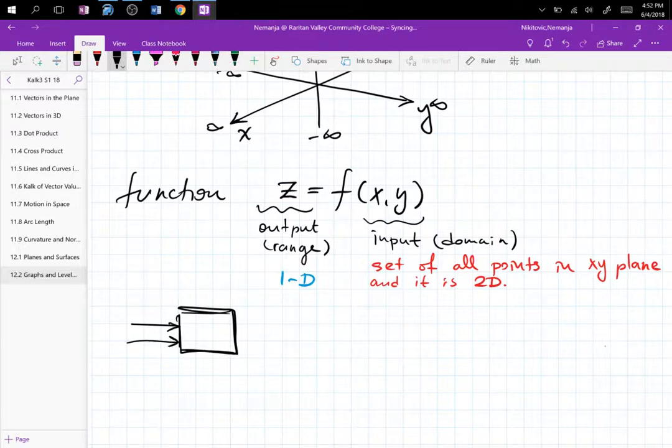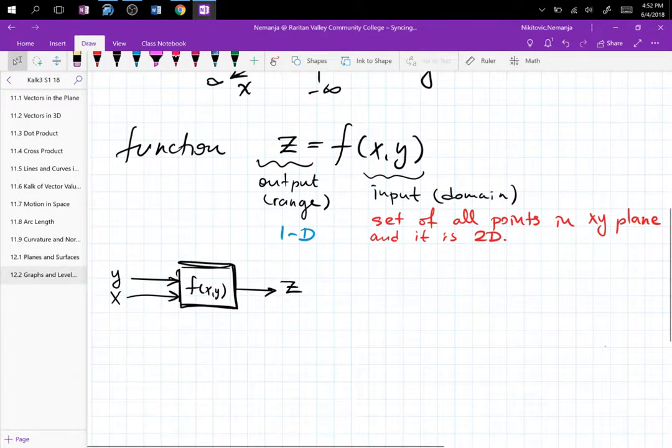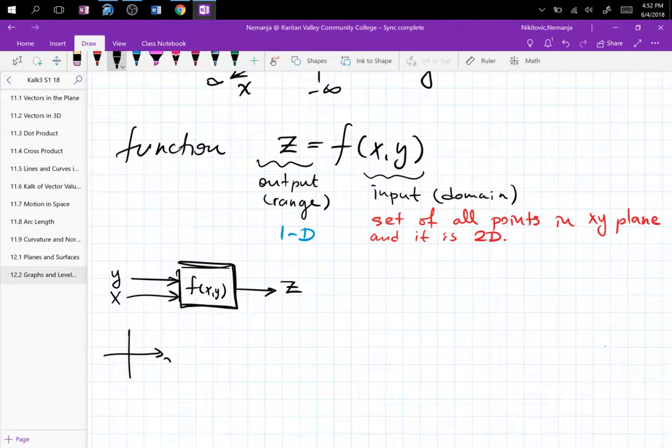You are going to feed in a variable x and a variable y, and when the function f acts on x and y, a single z comes out. So your input is two-dimensional. Say you have a point over here, x comma y, and your output is one-dimensional. So this point will map to a point on z using f of x, y.